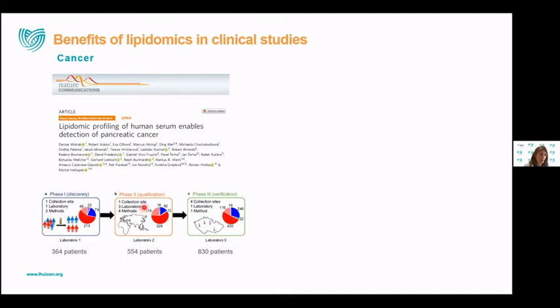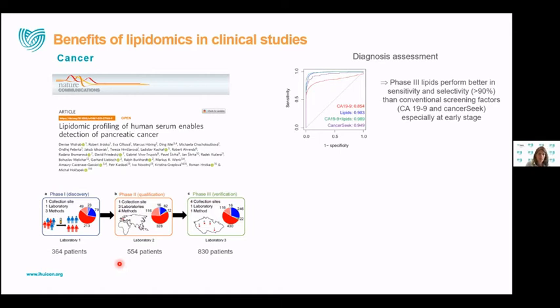So they used 3 different cohorts, and this study was done in multiple labs, so up to 3 laboratories, and using 4 different lipidomics approaches, complementary approaches. And what they came out with is that using only lipids, they could show that they perform much better in sensitivity and selectivity than using conventional screening factors, such as here the carbohydrate antigen or the cancer antigen factor.